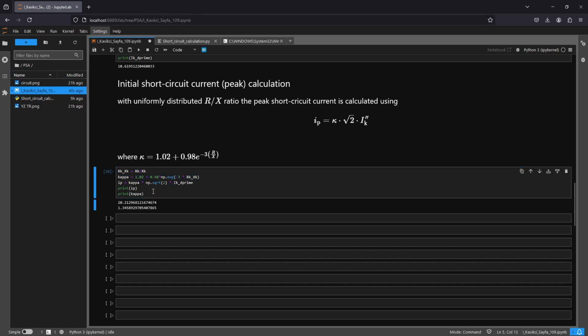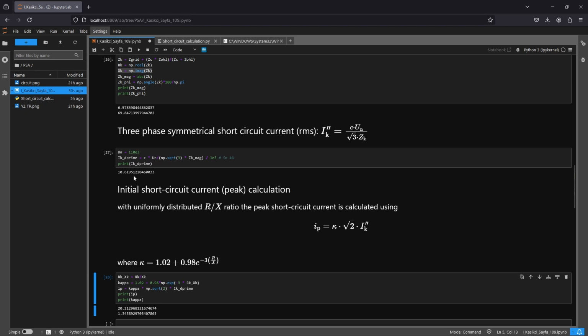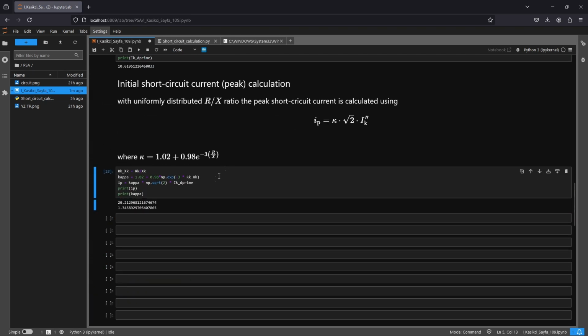Let's check the values. So we see the initial peak short circuit current is then 20 kiloamperes, which was 10.62 kiloamperes in terms of symmetrical RMS short circuit current.